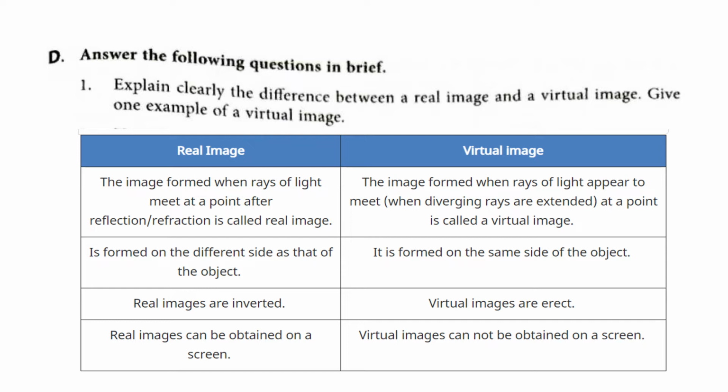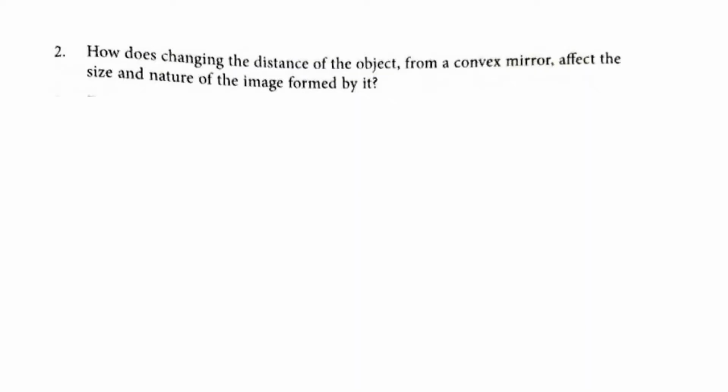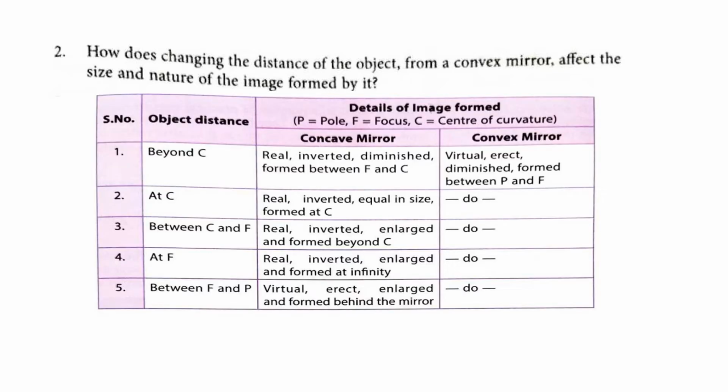Okay, then coming to the second question: how does changing the distance of an object from a convex mirror affect the size and nature of the image formed by it? If you observe in the case of convex mirror, if you are taking the object between pole and infinity, anywhere you take the object, every time we are getting virtual, erect, diminished.